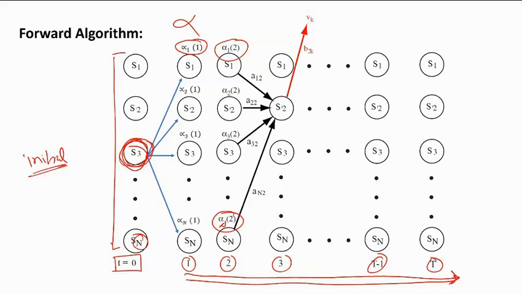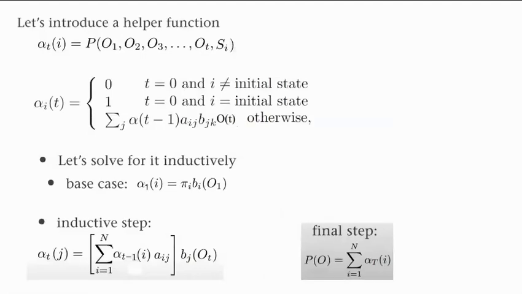Now what exactly is this alpha? Alpha is the probability that we see the symbols O1, O2, O3 up to OT and state Si. Say I am standing at some time step, let us say T equal to 3, and i stands for the ith state.